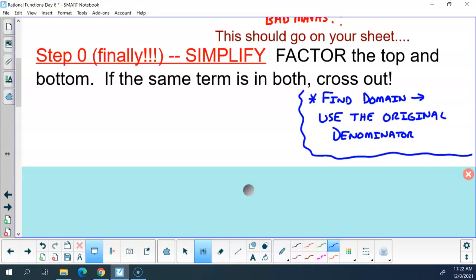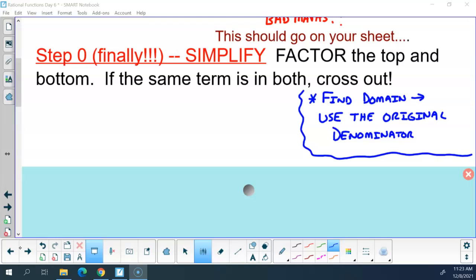So even before step 0, step negative 1, if you will, you've got to find the domain. But it's helpful if you factor first, because then it's already factored for you and it's easy to find the domain. I don't know which one to put first; every year I go back and forth. So we're going to use the original denominator for our domain.